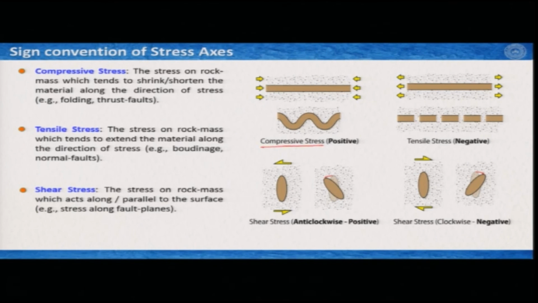If there is tension on the same layer, then I may produce a structure which we call boudinage, we will learn about it soon, and that stress is tensile stress. In structural geology, interestingly, we consider compressive stress as positive and tensile stress as negative.